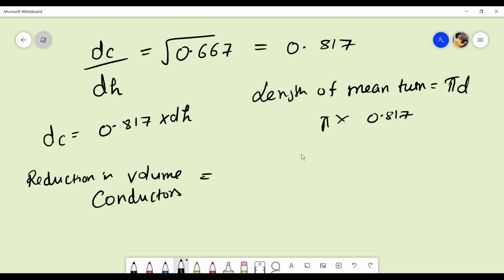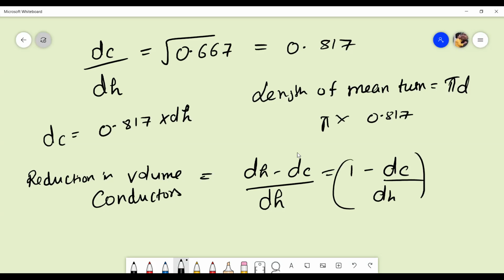It will be actually equal to dH minus dC divided by dH, that is equal to 1 minus dC by dH, into 100 to put it in percentage.